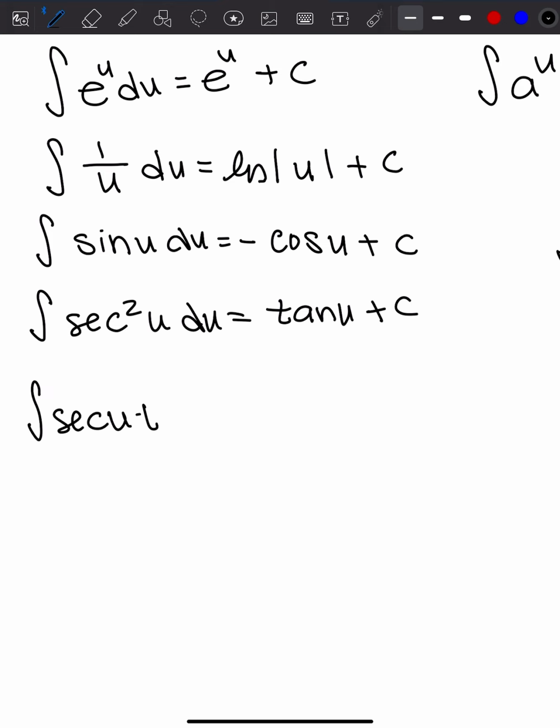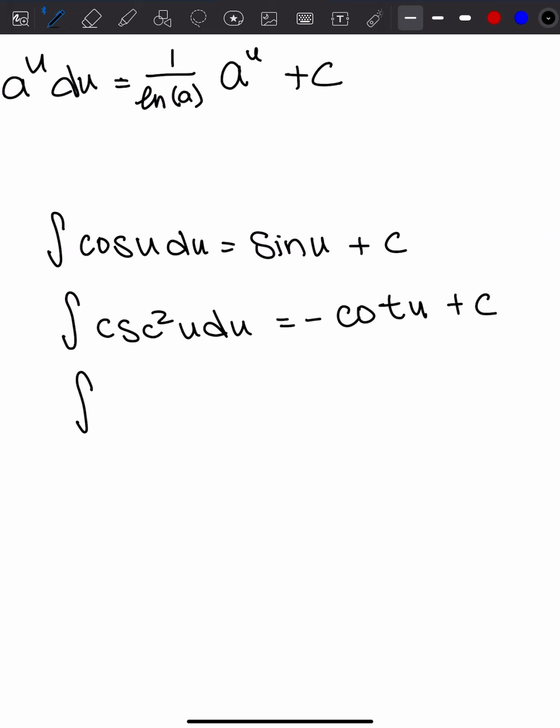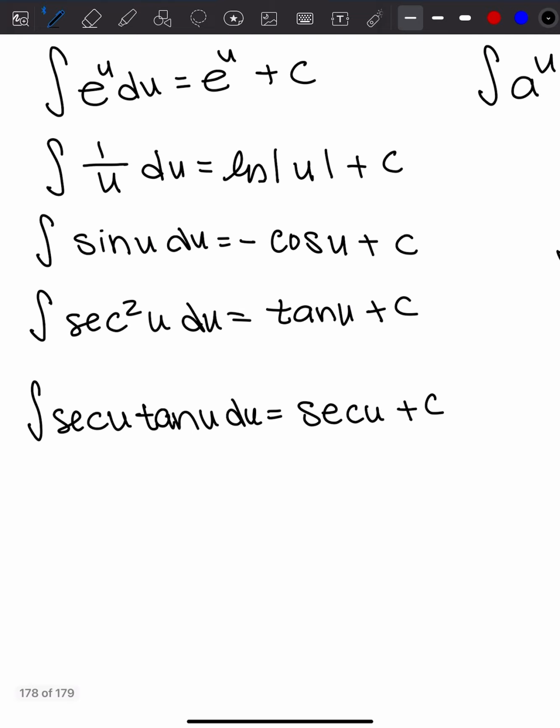Secant u times tangent u is going to be the antiderivative of secant. Cosecant u times cotangent u is negative cosecant plus c. So these ones are more of just, do we know what the derivative of those things are, and can we work backwards?